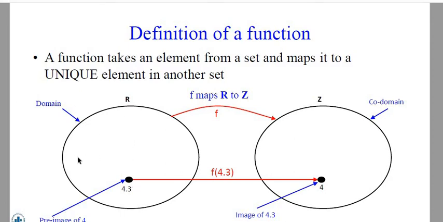Here we have two sets, R and Z. So function F maps R to Z. Here we have a pre-image, that is 4, and here the image of 4.3, because of the mapping. So that is F of 4.3 we call.